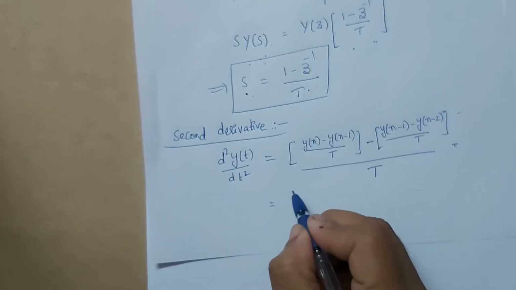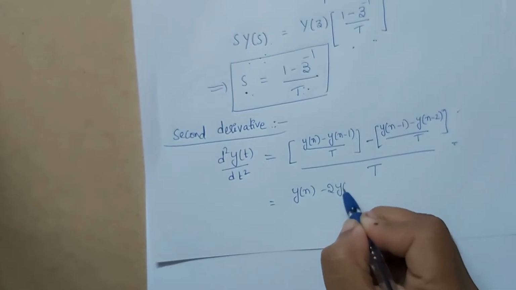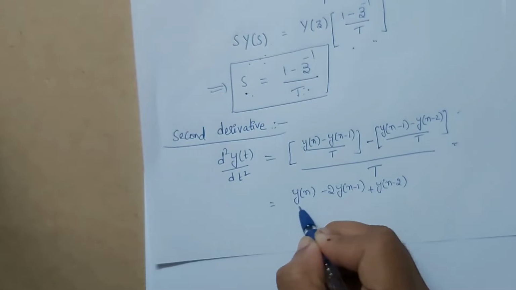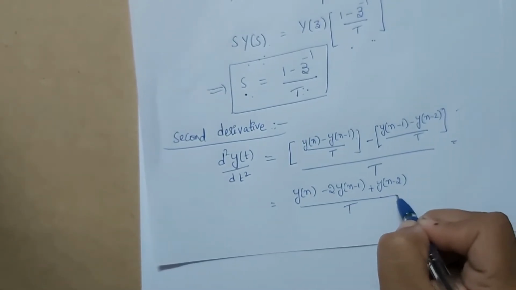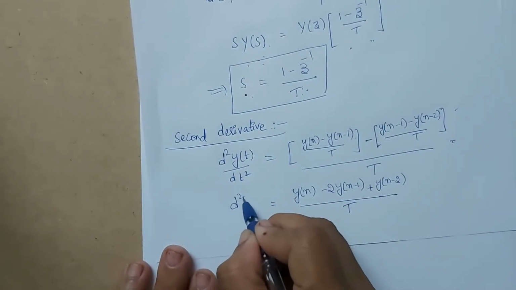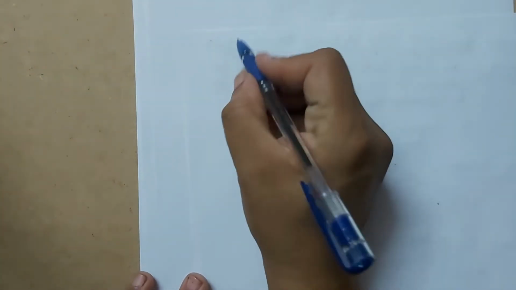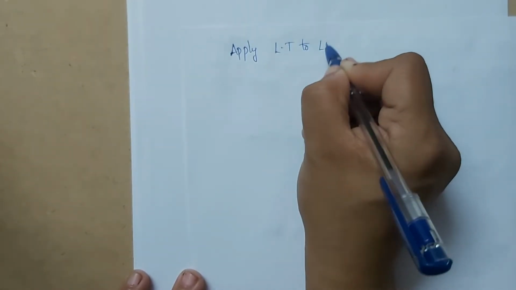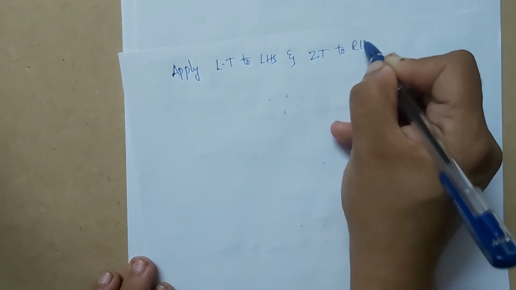So that equals y of n minus 2 y of n minus 1 plus y of n minus 2, divided by t square. You can directly write this equation if you are confident. By the same procedure, you have to apply the Laplace transform to the LHS and the Z transform to the RHS.